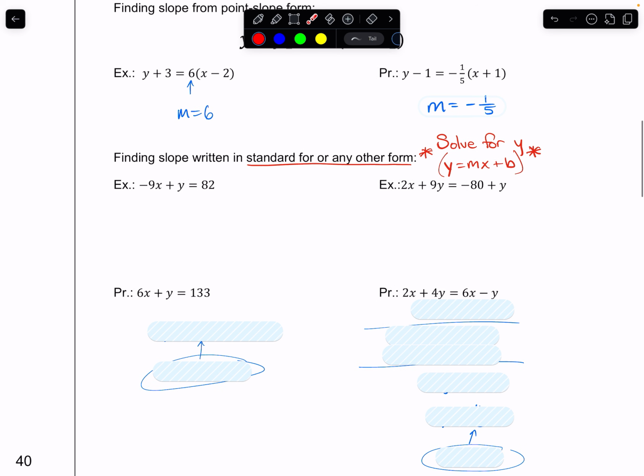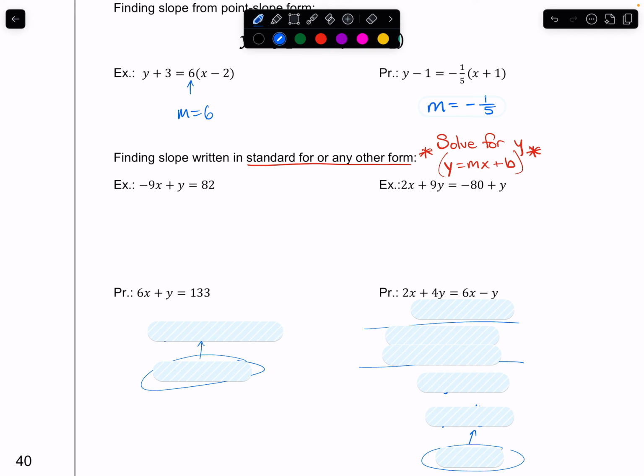Okay. If it's not in point-slope form or not in slope-intercept form, if it's in standard form or really any other form, you might not be able to pick out the slope right away just by looking at the equation. So you'll need to solve for y. If you get y by itself, you're essentially getting it in y equals mx plus b form, or slope-intercept form. And when you have it in slope-intercept form, then you can pick out that slope because it's attached to the x.